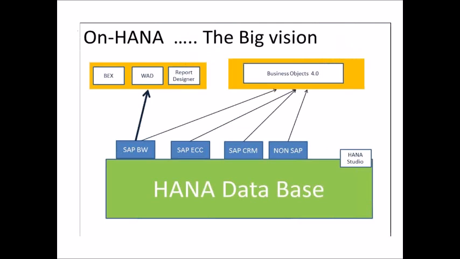Now what is the big vision of HANA? Whatever the application layer you talk about, everything has to run on top of the HANA database. Why? Because of the revenues SAP gets, more than 50% or close to 50% needs to be provided to Oracle or DB2 or whatever it is. They're losing their revenues there. So why do I need to provide my data or revenues to other folks?